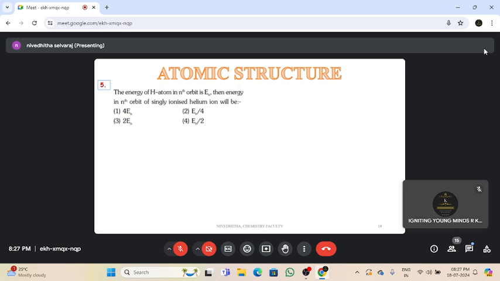The energy of a hydrogen atom in the nth orbit is En. Then the energy in the nth orbit of a singly ionized helium ion will be dash.